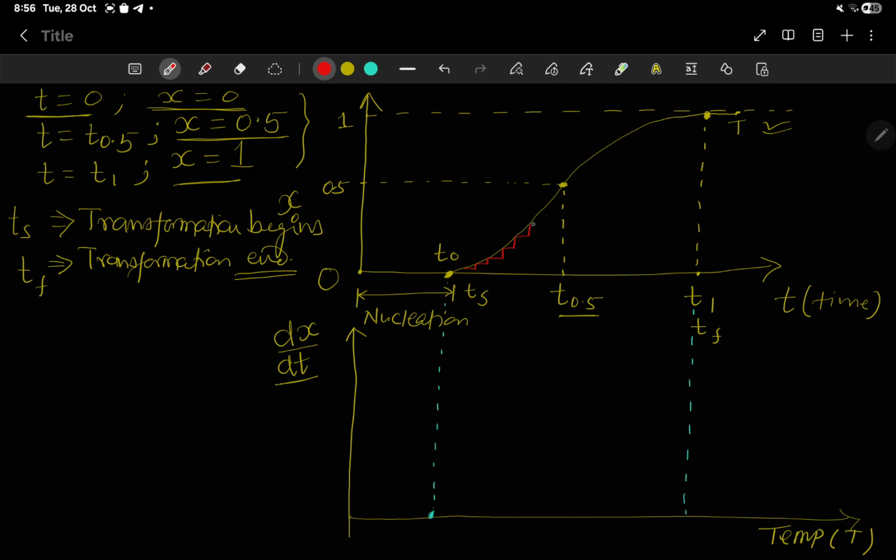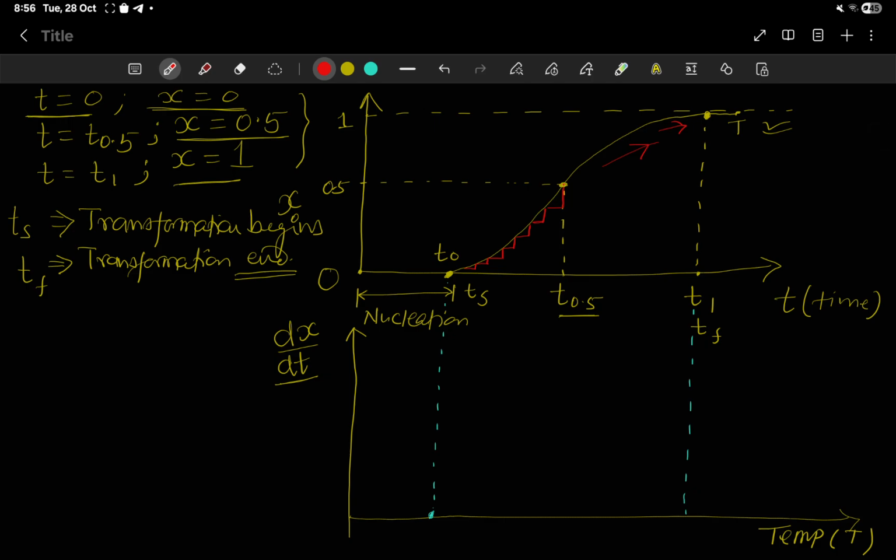So what does it mean? It means that the slope is increasing as we are going ahead. After reaching this point, the slope will be maximum, and slowly as we proceed further it is going to decrease. Okay, now let's try to draw this curve.